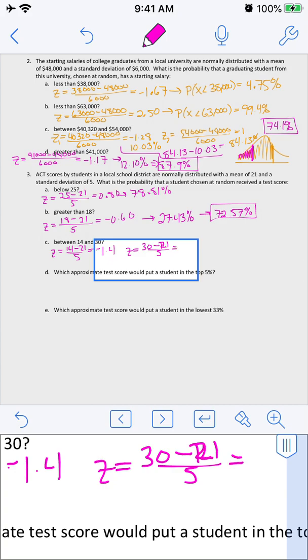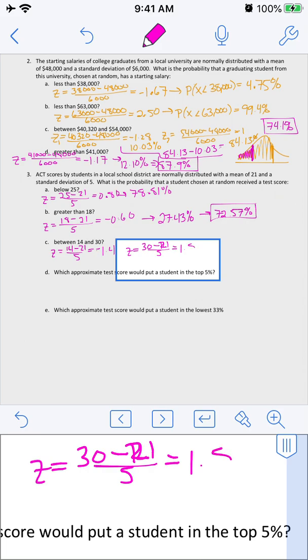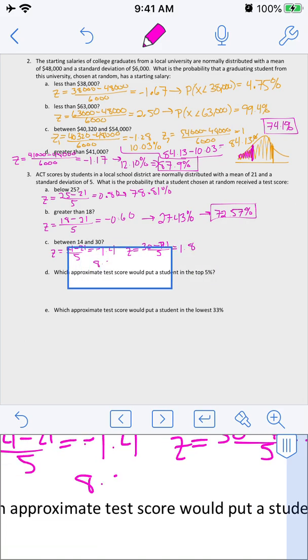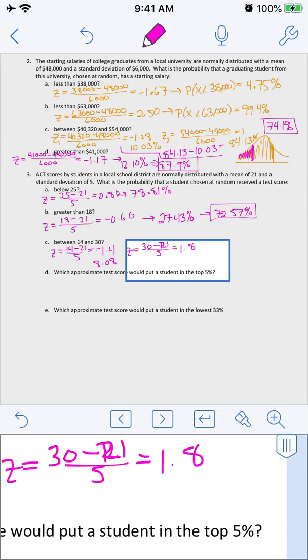That's 9 over 5, 1.8. Those two z-scores give us probabilities of 8.8%, which makes sense, right? If we're below the mean, it should be below 50%. For above the mean, we should have higher than 50%.